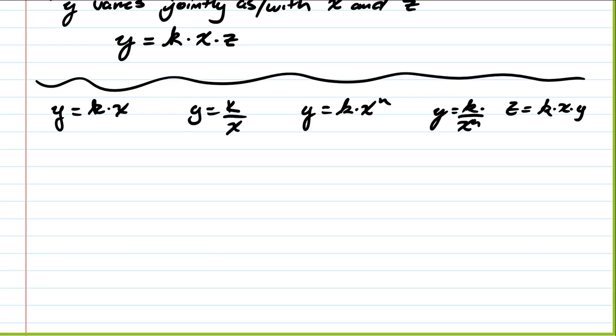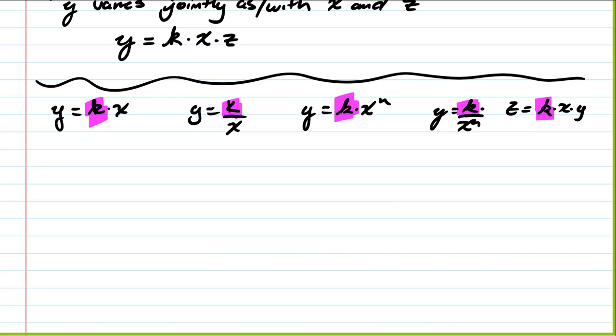In every single one of these equations, we notice we have one variable, in this generic case y or z, always on the left-hand side. Then on the right-hand side, what does every variation equation have? Well, every single one of them contains a k. So every variation equation is going to start off this way.